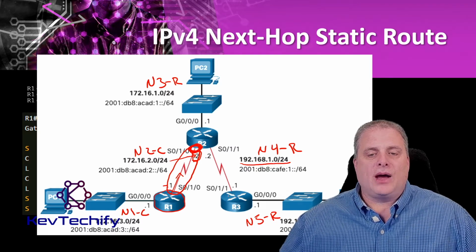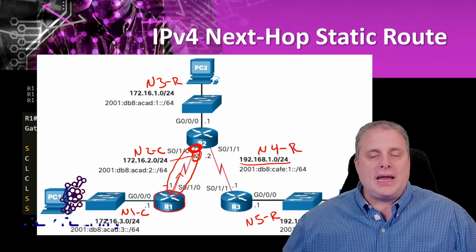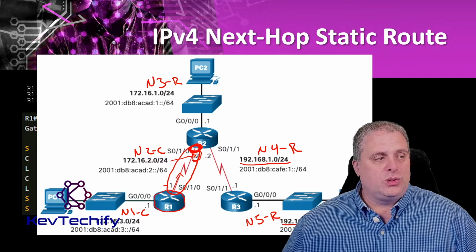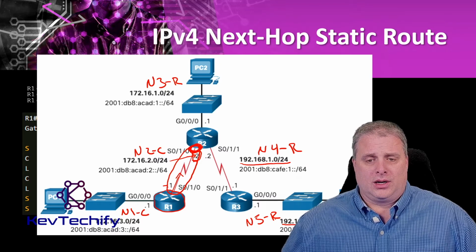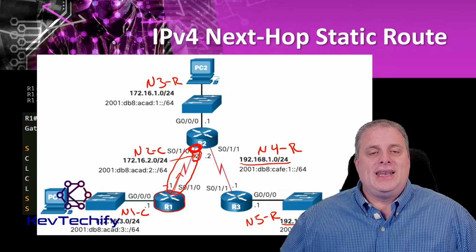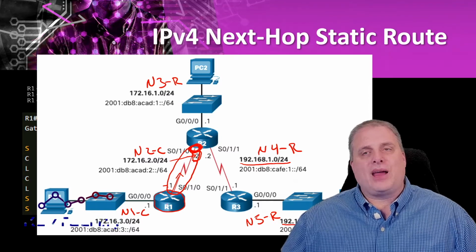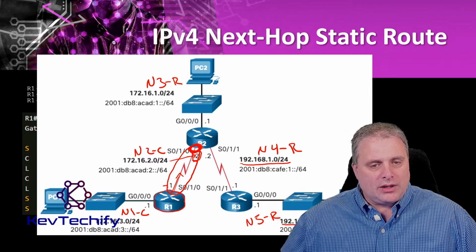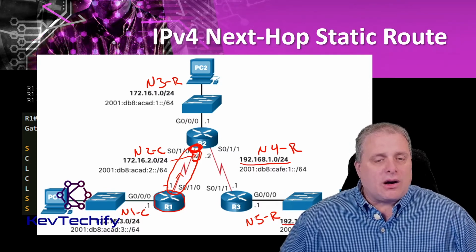And then we have network 5 down here. If we want to send information down to this bottom right-hand network, the 192.168.2.0 network, what is the next hop IP address from R1? Well, the next hop IP address, once again, needs to be on a network that's directly connected to us, but it can't be our IP address.